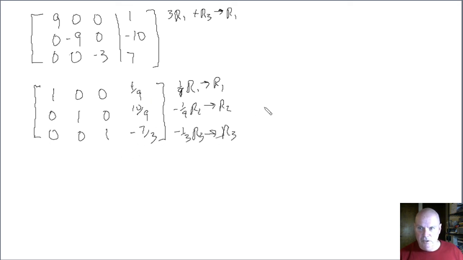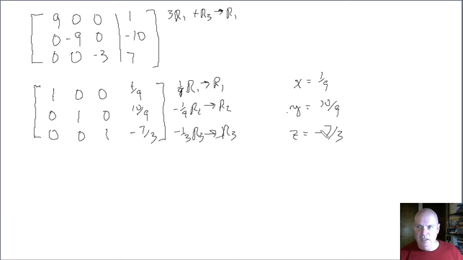The corresponding system of equations would be x equal to 1/9, y is equal to 10/9, and then z is equal to minus 7/3. The solution to the system of equations is obvious when it's in this diagonal form.